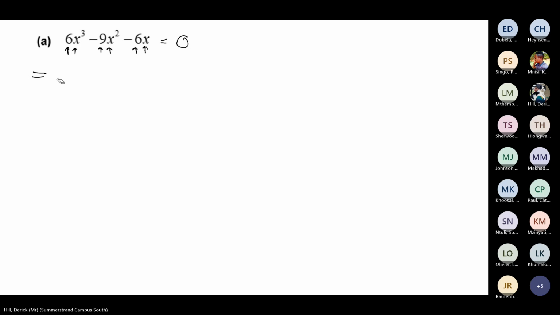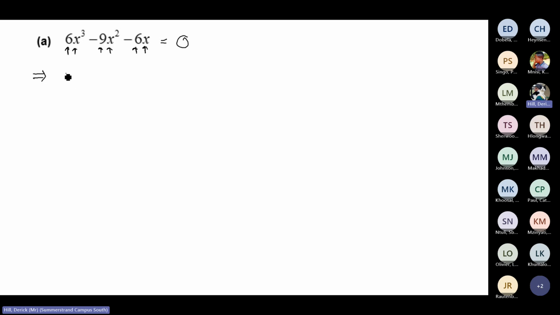To indicate that I'm going to the next step, I'm using this implies symbol. I believe either this week or next week, you guys are covering logic, truth tables and all that stuff. So perhaps this symbol will already be known to you. Otherwise, you will meet it soon enough.